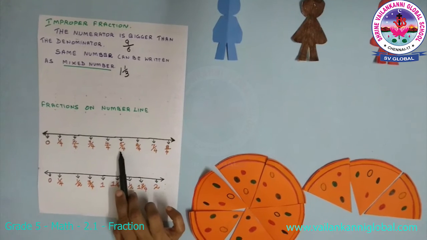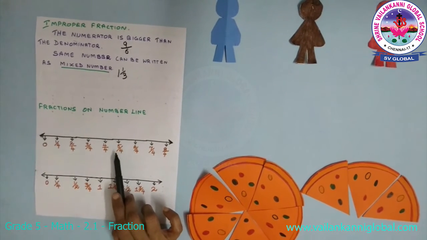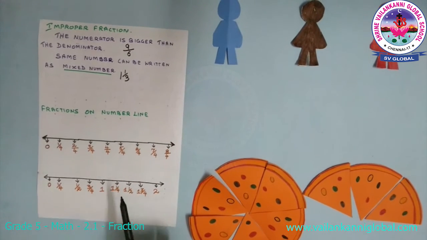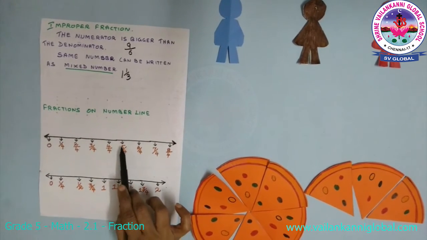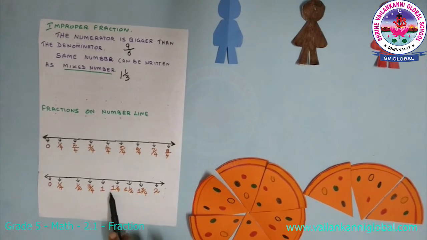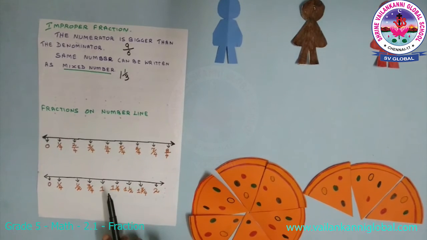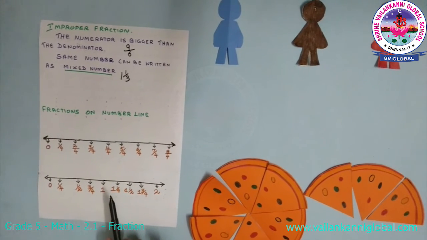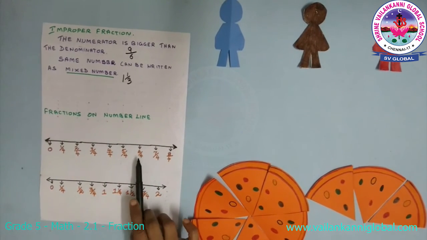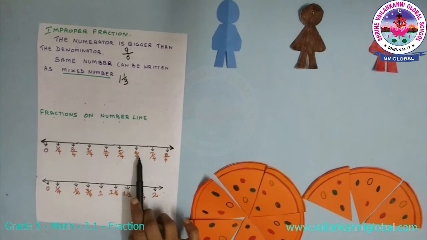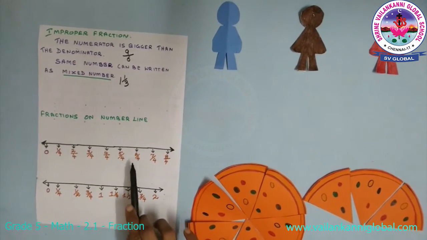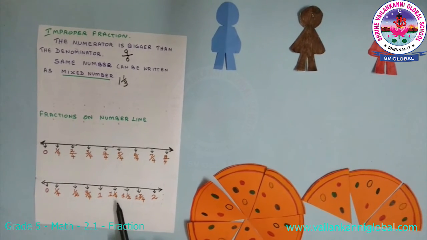Then 5 by 4. 5 by 4 is an improper fraction. If you divide it, how many 4s are there in 5? Only one 4, and the remaining is 1 part. So 1 and 1 by 4. Then how much is 6 by 4? 6 by 4 is 1 whole, and the remaining is 2 parts, so 1 and 2 by 4.